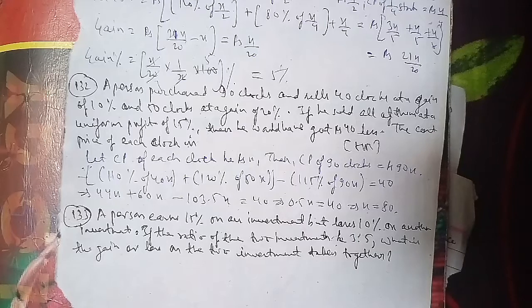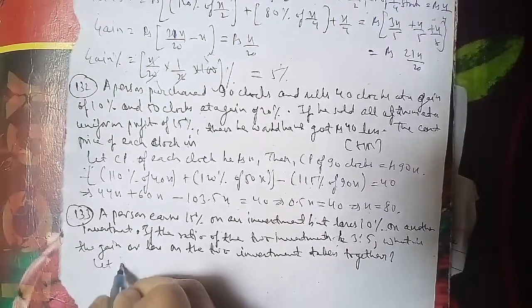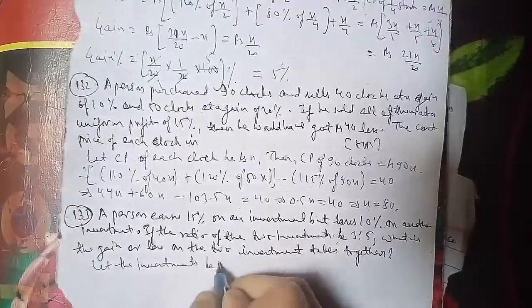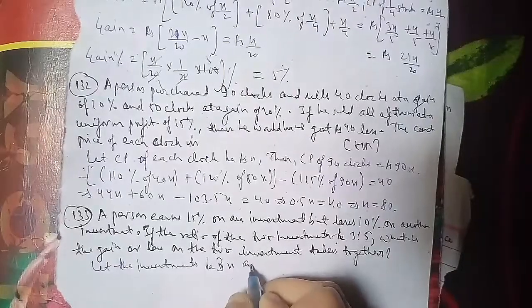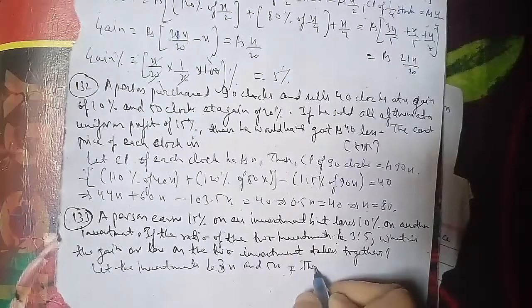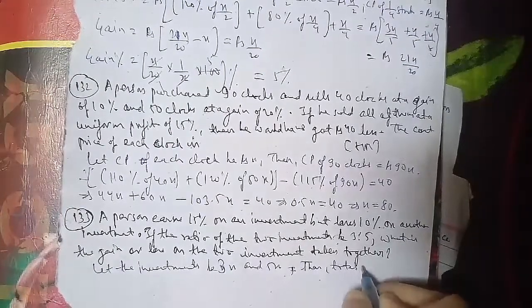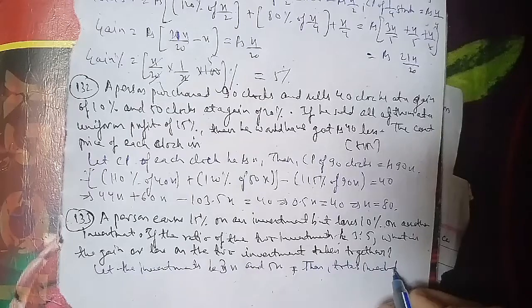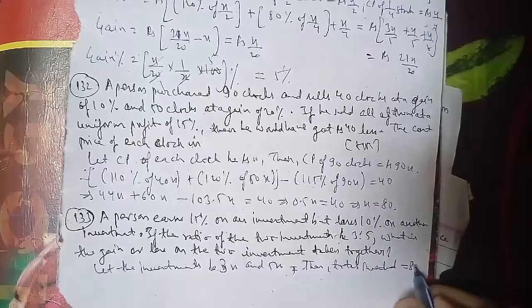For the same, we go ahead here. Let the investments be rupees 3x and 5x, then total investment is equal to 8x.